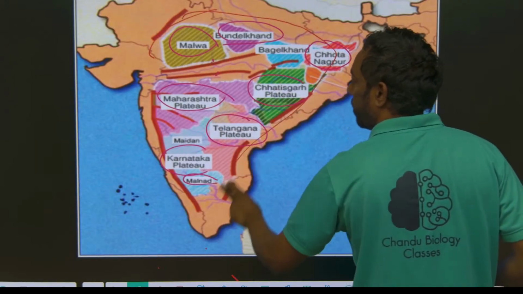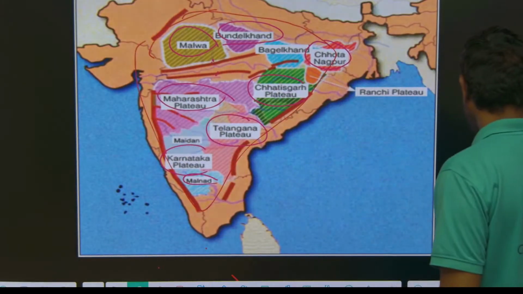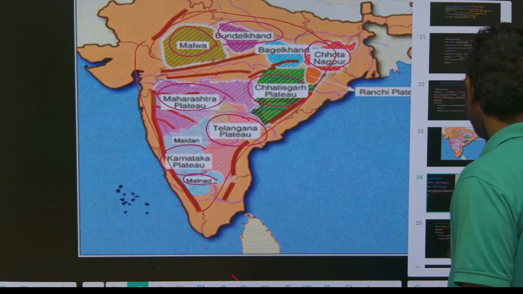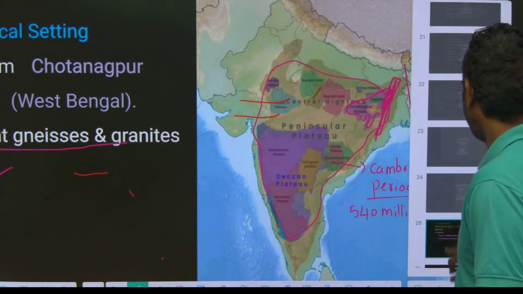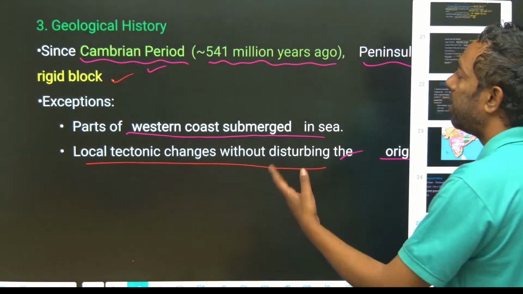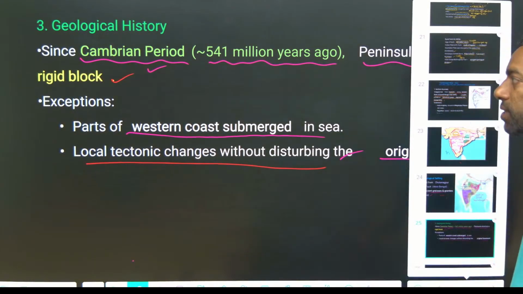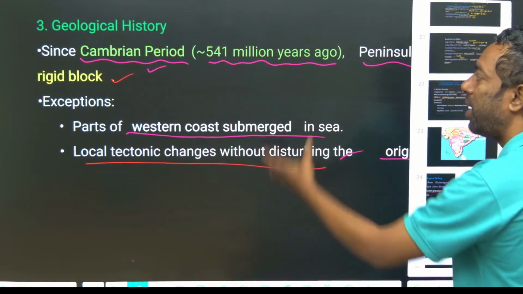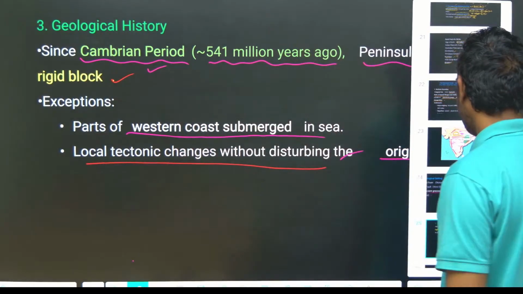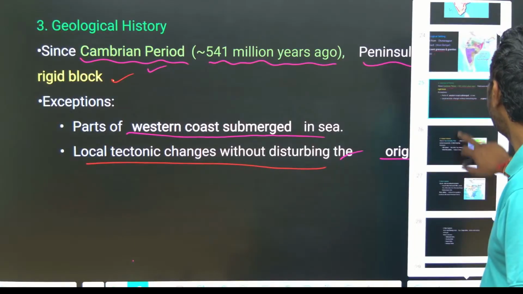On the geological scale, the mainland formed in the Cambrian period, 541 million years ago.